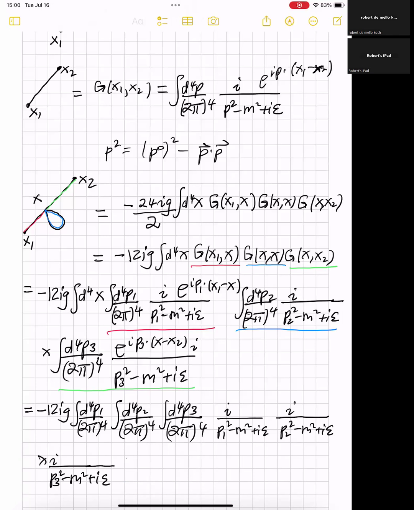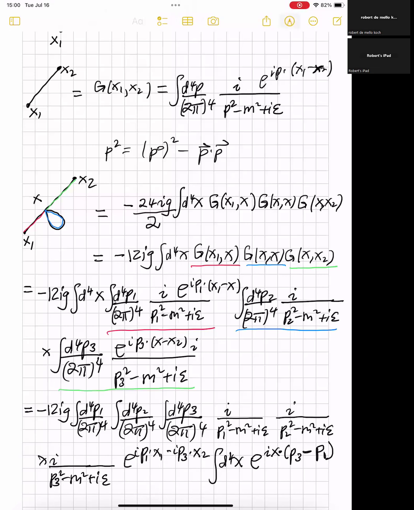Then we've got an e to the i p1 dot x1 minus i p3 dot x2. And now comes the x dependence. We've got an integral d4x e to the i x dotted into p3 minus p1.